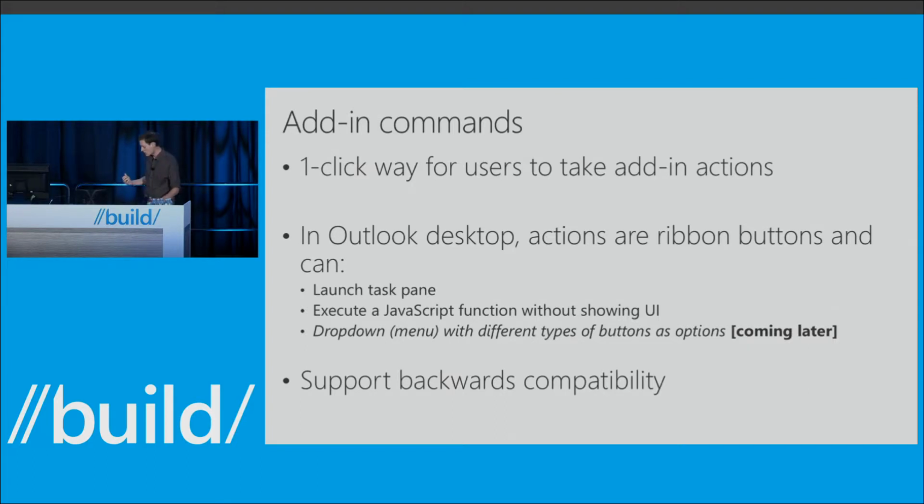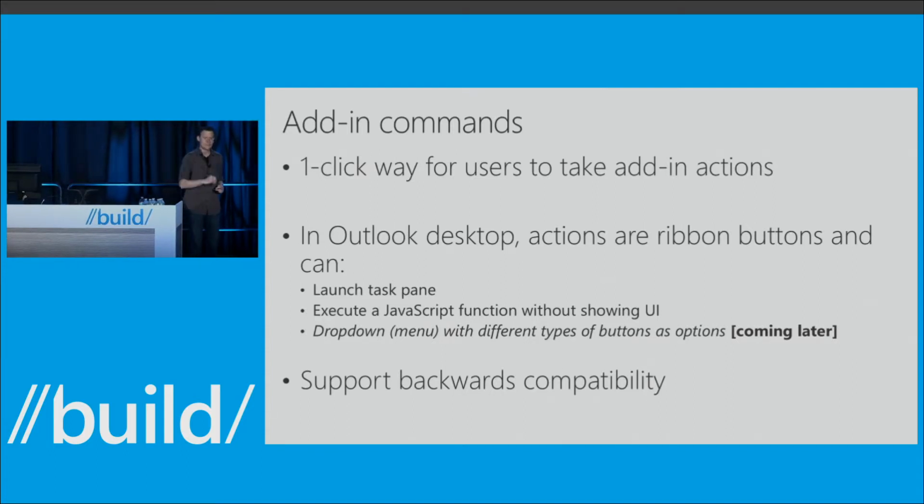Going along that thread of thinking, if we ask a user about that translate button, what is the best way to do translate? The user is going to tell us, well, I just want to have a button in the ribbon. And so today we're announcing, well, actually we announced it yesterday, that you can have add-in commands. You can actually program it so that there is a button that appears in the ribbon of Outlook.